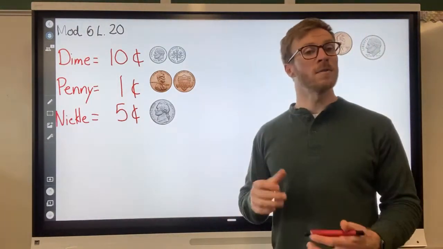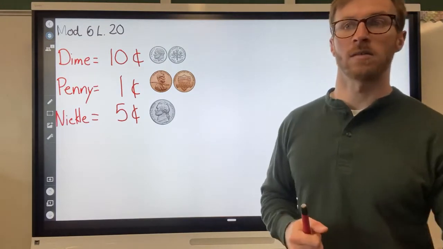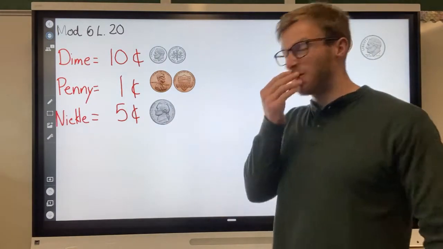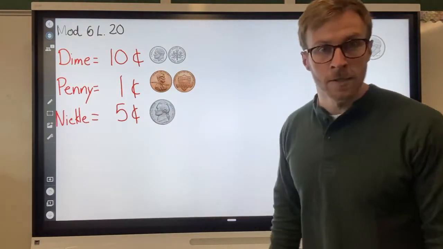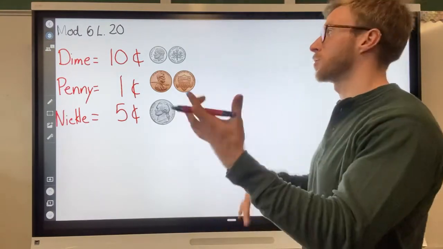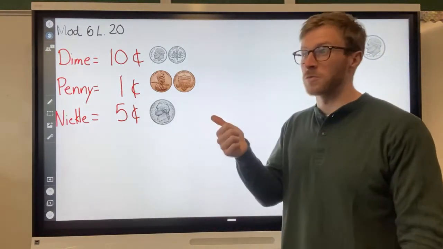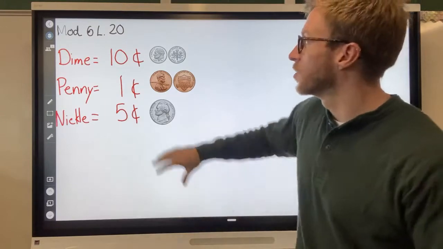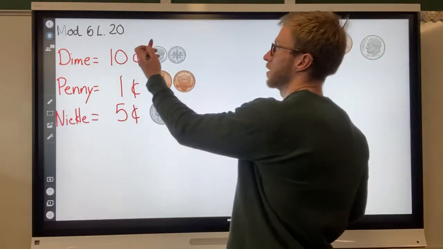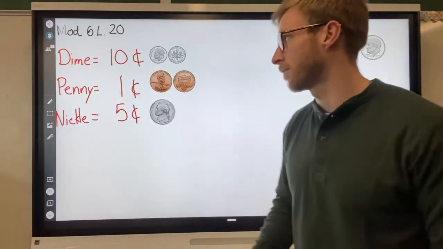Well, this is when it comes in handy when we know our basic math facts. I know an easy way to make 15: I can do 14 and 1. That makes 15. But I don't have a coin that's 14 cents. Okay, well, I know I could do 13 plus 2. Well, I don't have a coin that's worth 2 cents or 13 cents. So I need to use these numbers here. How can I make 15 using either 10, 1, and or 5?